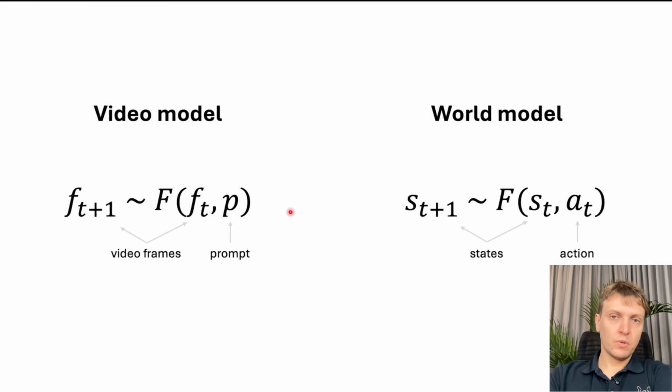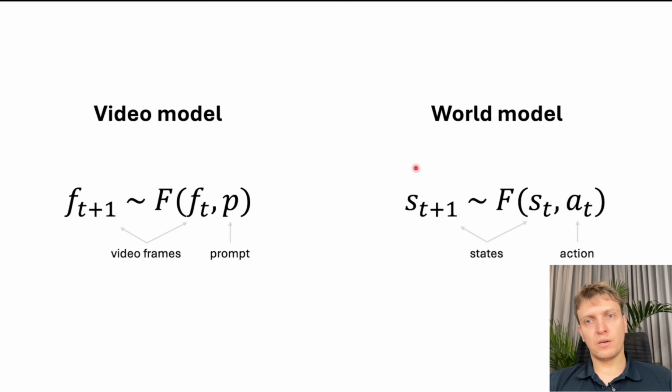Another type of model I want to touch on is world models, and the idea is actually pretty similar but slightly different. So world models take the current state of the world and the actions and generate the next state of the world, or maybe again multiple states. The thing is that these two types of models actually have a huge overlap, because a video model should be a world model to generate physically realistic videos, because it needs to understand what will be the next state of the world.